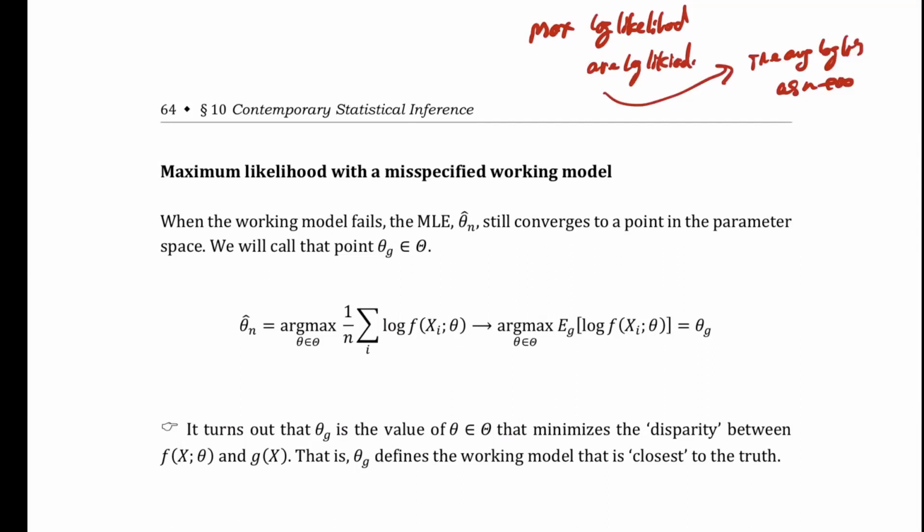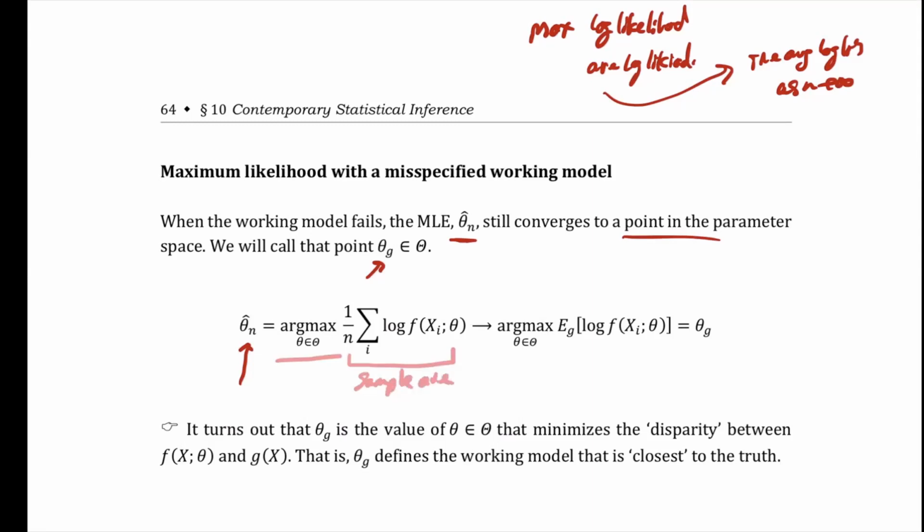When the working model fails, the MLE still converges to a point, some point in the parameter space. We're going to define what that point is in a second. We're going to call that point theta G for the moment, because G is the true value. So here, what I've written is what happens. You have the maximum likelihood estimator, which by definition is the theta that maximizes the sample average log likelihood.